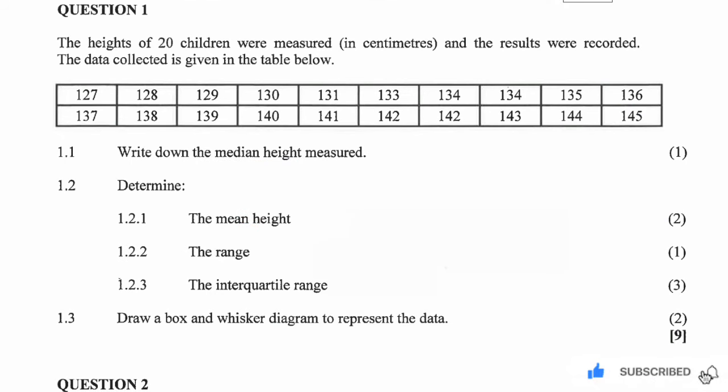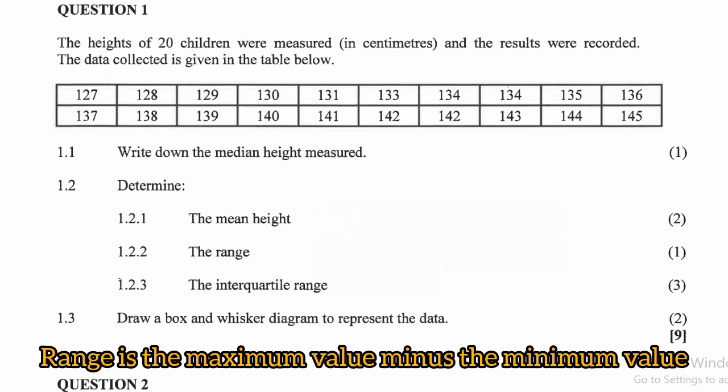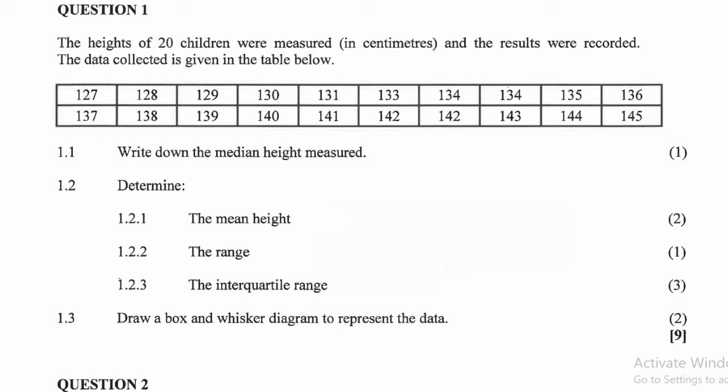Okay, so let us continue from 1.2.2. Now remember, we are now asked to calculate the range. What is the range? The range is the maximum value subtracting the minimum value in your data set. Looking at our data set, our maximum value is 145 and the minimum value is 127.